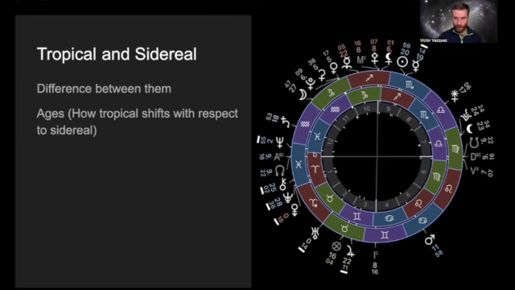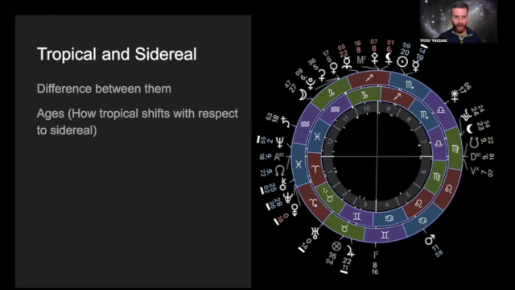So this is 0 degrees of Aries on the tropical related to the end of the age of Pisces. And in about 420 years from now, we will enter the age of Aquarius, when 0 degrees of tropical Aries aligns with 0 degrees of sidereal Pisces, which is the same as the 30th degree, or the beginning, of Aquarius.